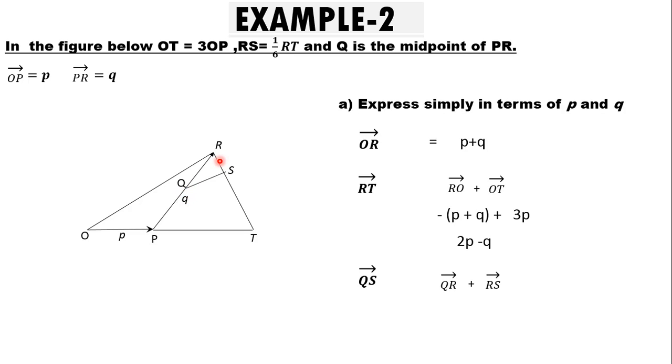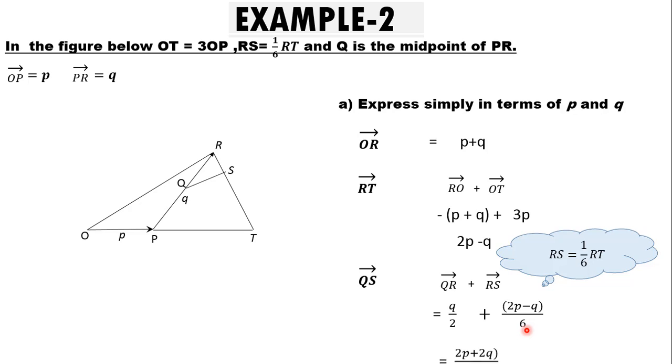Similarly, QR is going to be Q by 2. Now what is RS? We know that RS is 1 by 6 times RT, and we have already calculated RT, that is 2P minus Q. So I can replace QR with Q divided by 2 and RS with 2P minus Q divided by 6. If you simplify them, we are going to get 2P plus 2Q divided by 6.